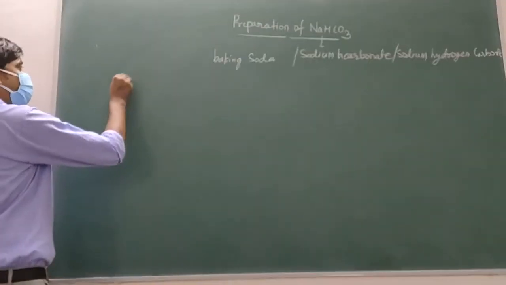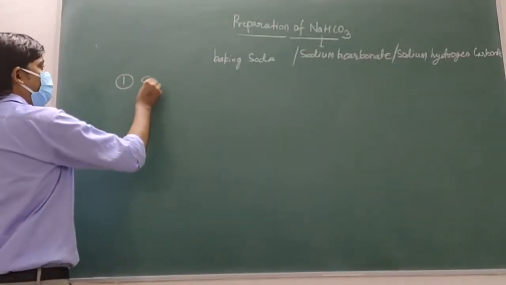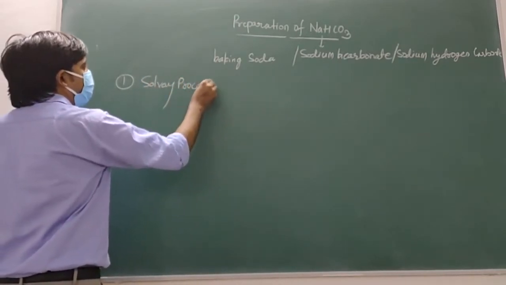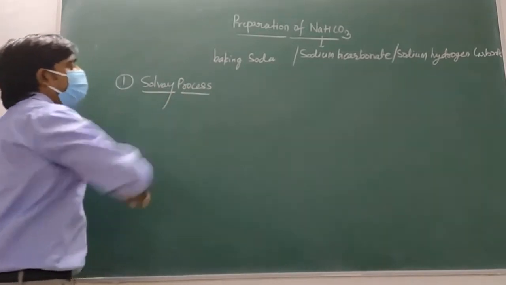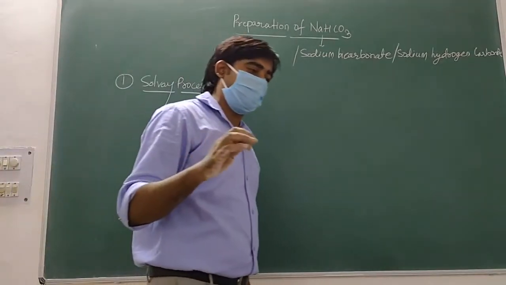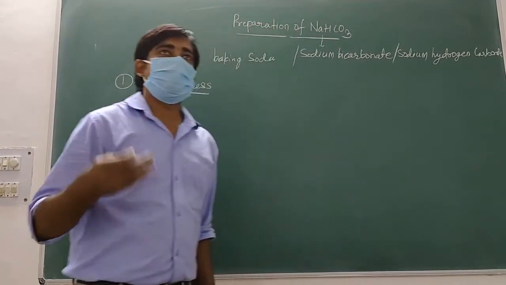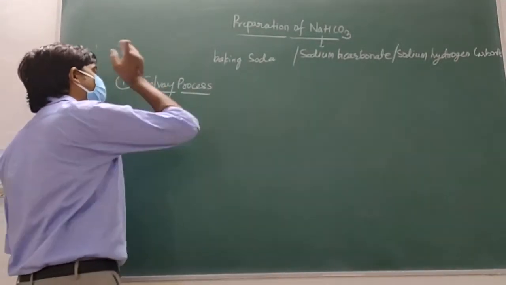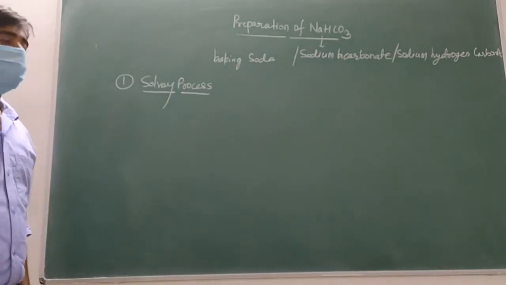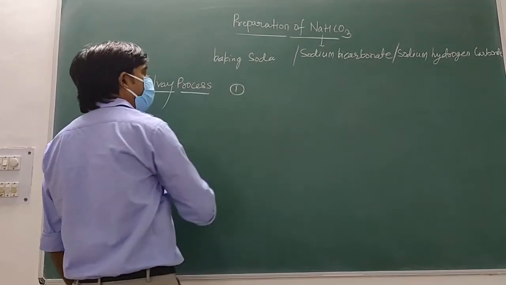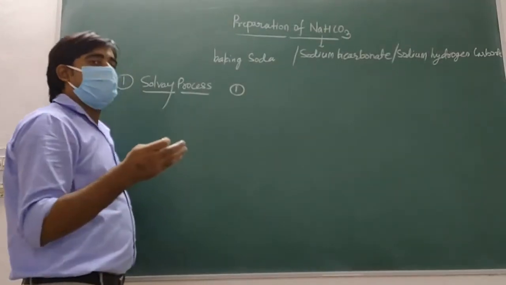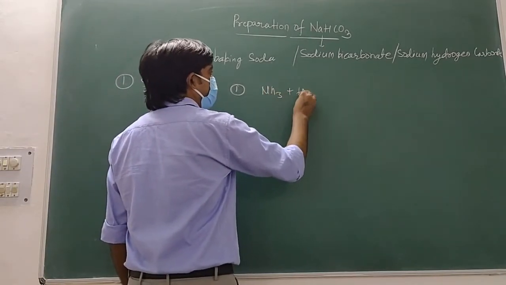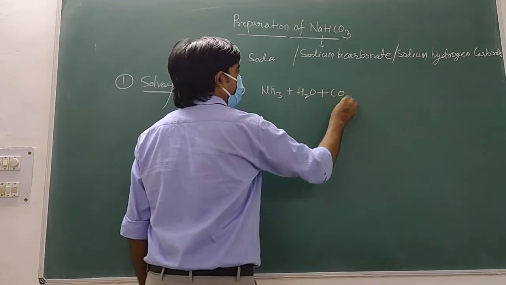The first synthesis is by the Solvay process. We have already discussed the Solvay process in detail in the last videos when we were studying the synthesis of sodium carbonate. In the Solvay process, the first step has raw materials like NH3, H2O and CO2.